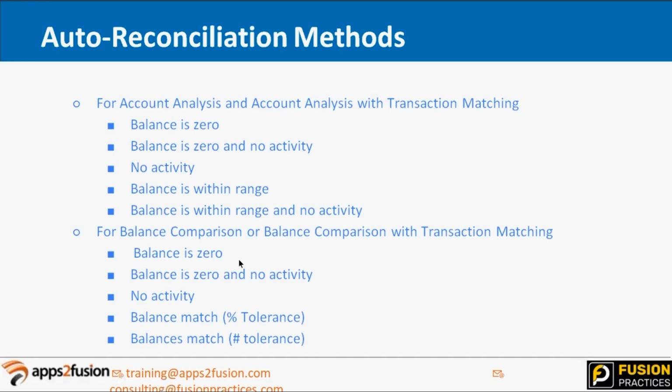Next is balance match percentage tolerance. If a balance comparison format is assigned to a profile, then the profile can be enabled for a balance comparison where the balance match is the auto reconciliation method. If this method is enabled, then a threshold value can be applied. The threshold percentage is applied against the source system balance to calculate the threshold value.